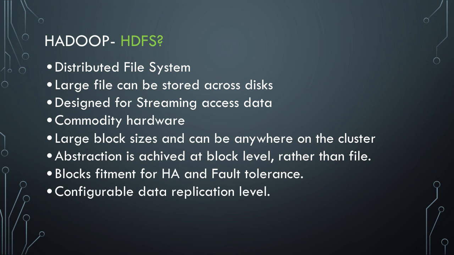The more you increase, the more space you occupy in disks, because when you say replication, you're actually copying the same data and keeping it in other locations as well, so that when one machine goes down, you don't lose the data at all. It can still be accessed.